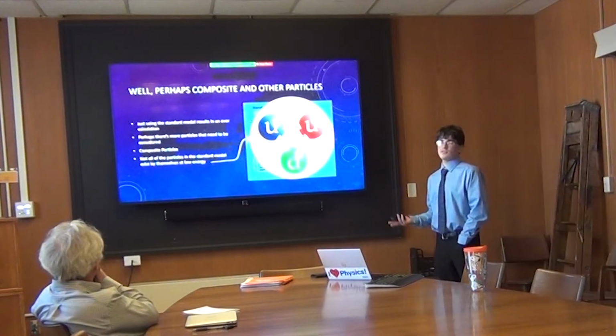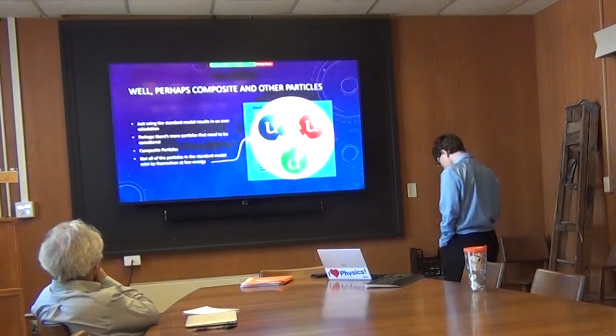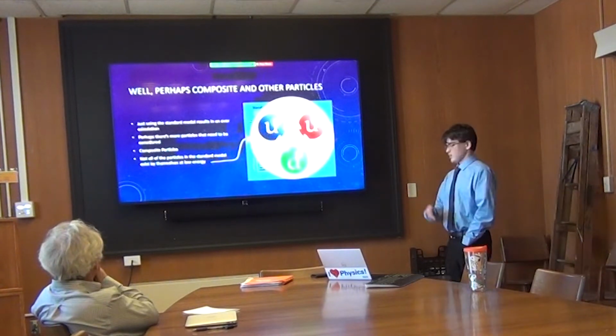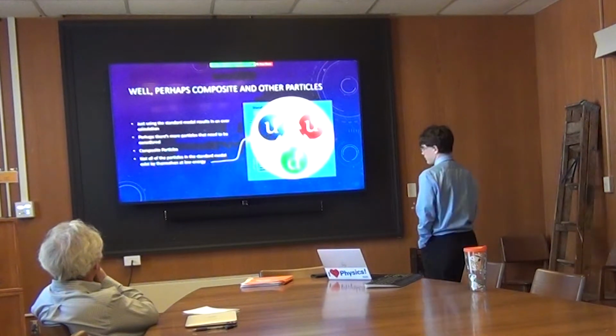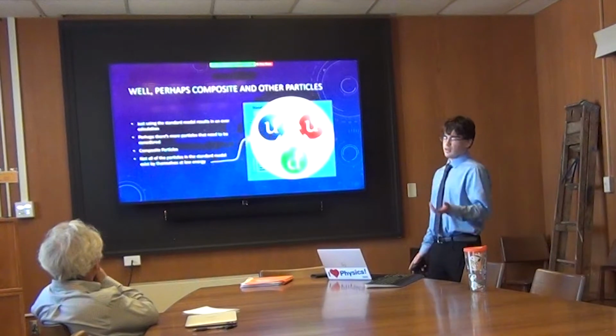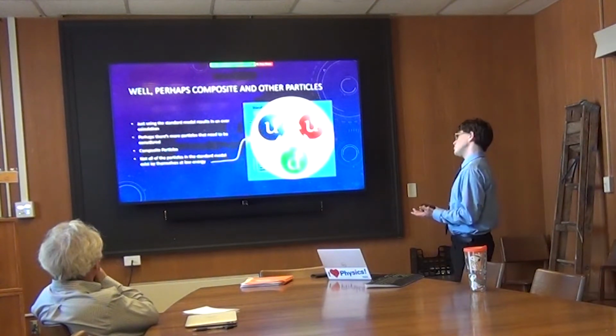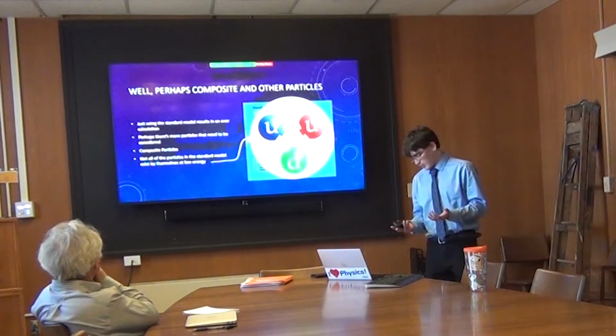In fact, quarks like to form a composite particle, which is a proton, which does exist out in space. The quarks, to be by themselves, need to be at really, really high energies. So perhaps we also need to consider a bunch of composite particles when doing this calculation.